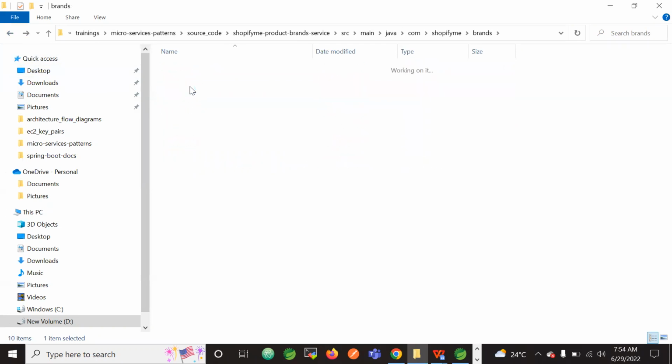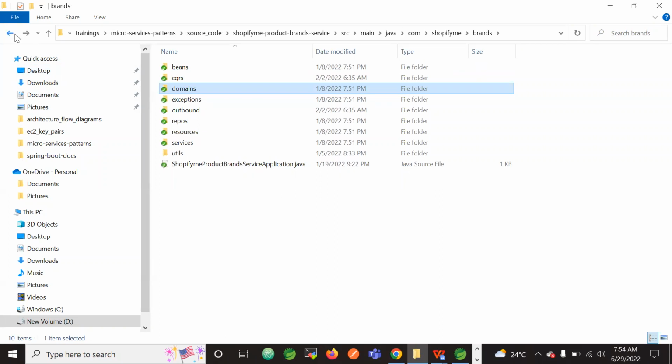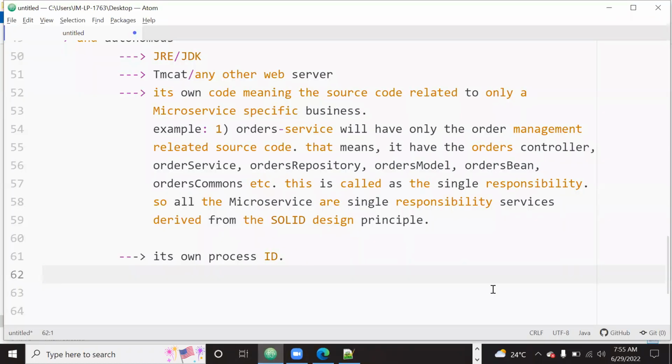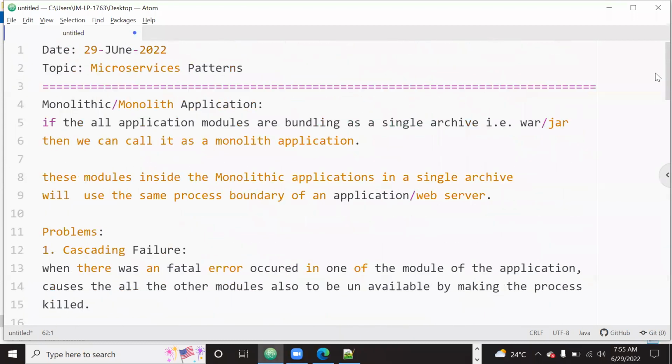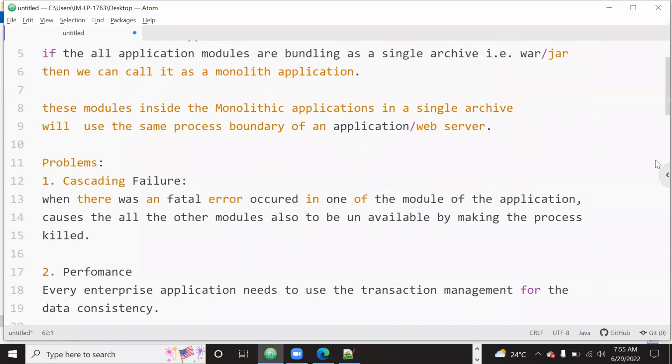Product brand domains, so it has only the code related to the products, but not related to any other entity. This is called a single responsibility service. So microservices are single responsibility services.